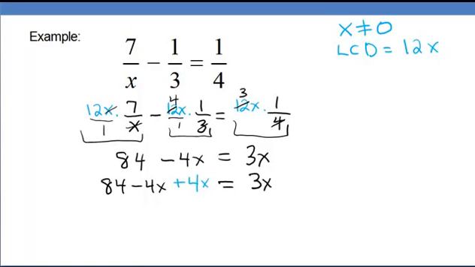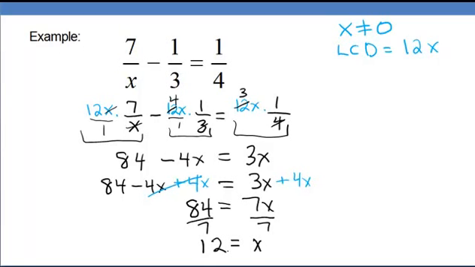It is fine to do the step in your head. Clean up. So 84 equals 7x, and divide by 7. So x equals 12.